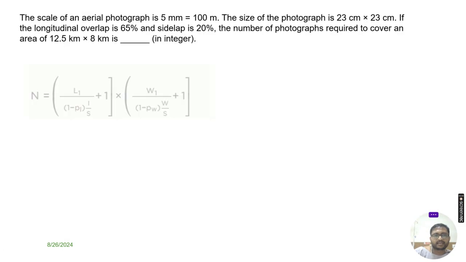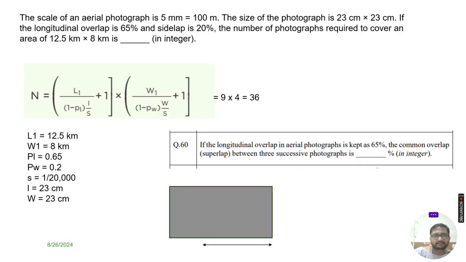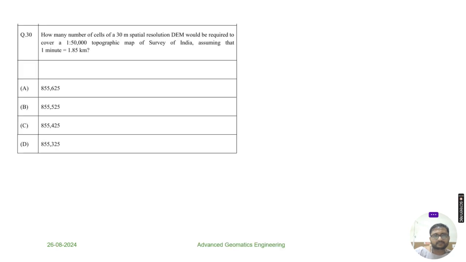So what they are asking is, if the map is 1 to 50,000, the extent will be 15 minutes by 15 minutes. If you want to cover that 15 minutes by 15 minutes with the 30-meter pixel, then how many pixels do you need for that?